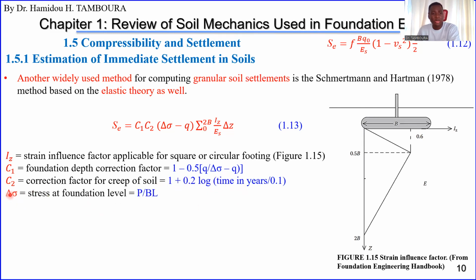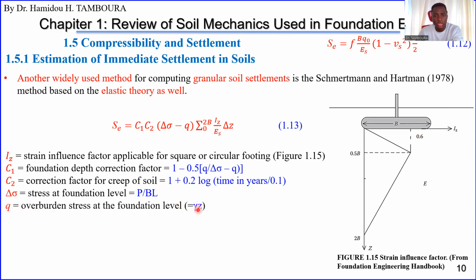So sigma, this one, is the total weight divided by the surface, B by L, B multiplied by L. P is the load. I hope what I said here was understandable. P is the load.